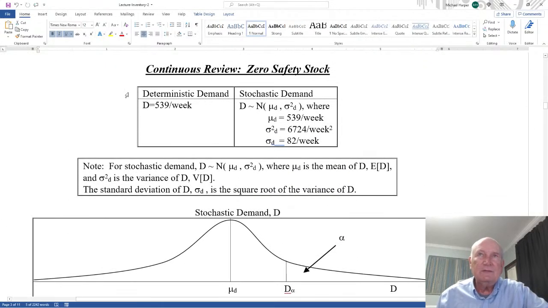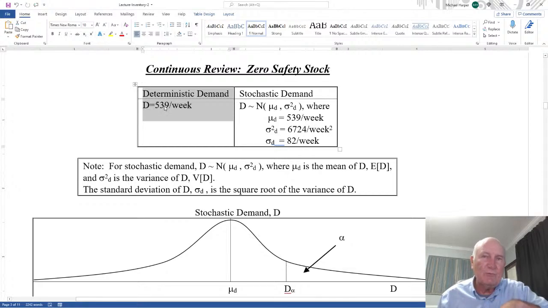First of all, the continuous review system with a zero safety stock. Here's the deterministic demand, or constant demand rate. Let's suppose it's 539 a week. So we have 539 demand items every week that we have to satisfy.